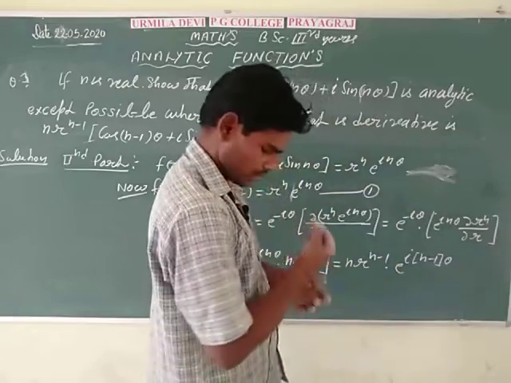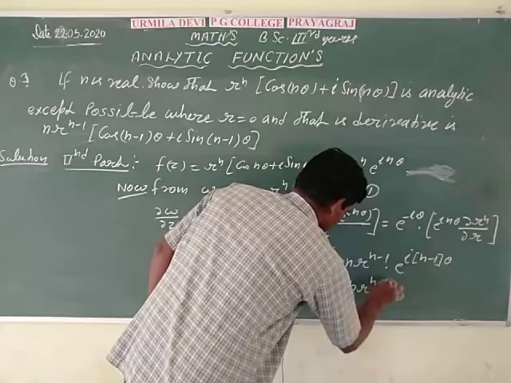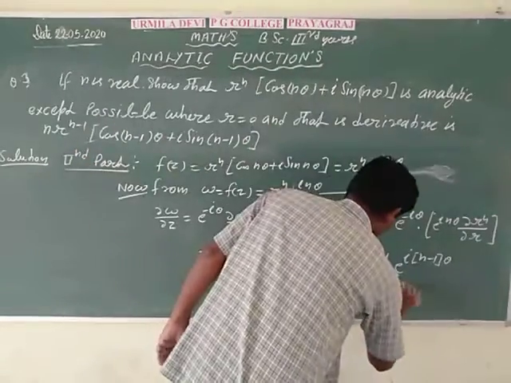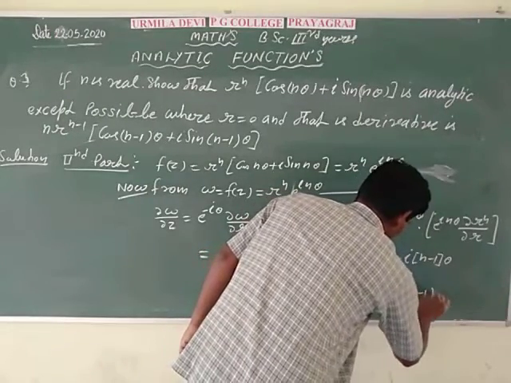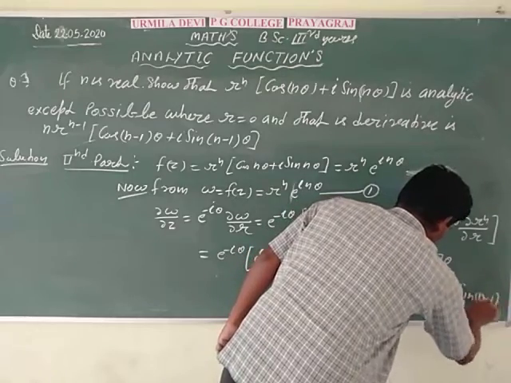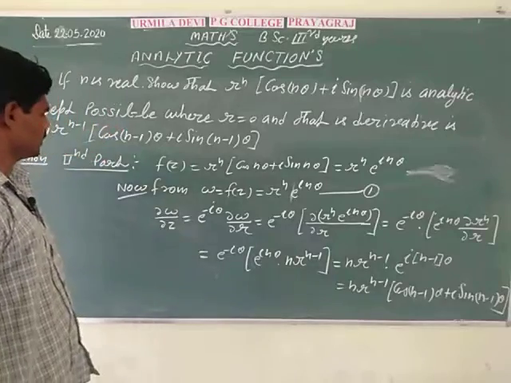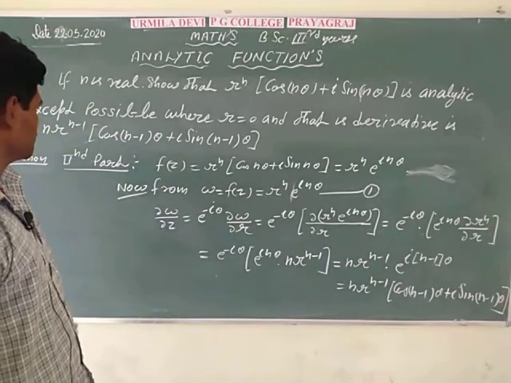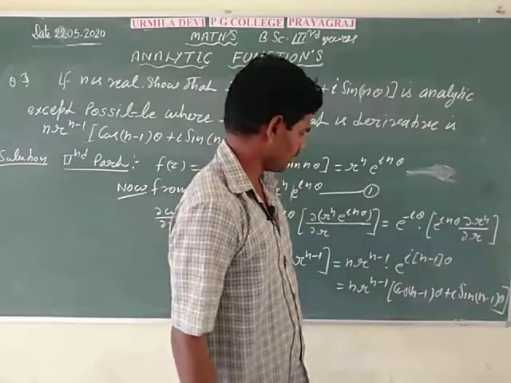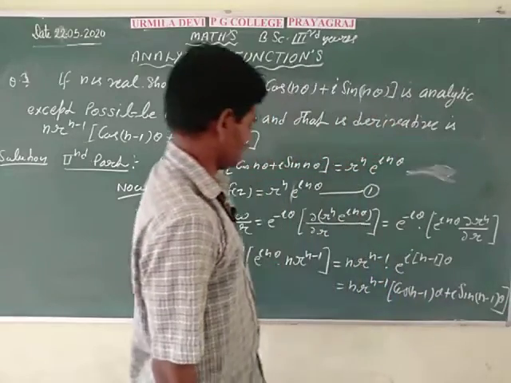Expanding the exponential function, it is equal to n r to the power n minus 1 times (cos (n minus 1) theta plus i sin (n minus 1) theta). So it is clear that the differentiation of the given function f(z), meaning w, is equal to n r to the power n minus 1 times (cos (n minus 1) theta plus i sin (n minus 1) theta).